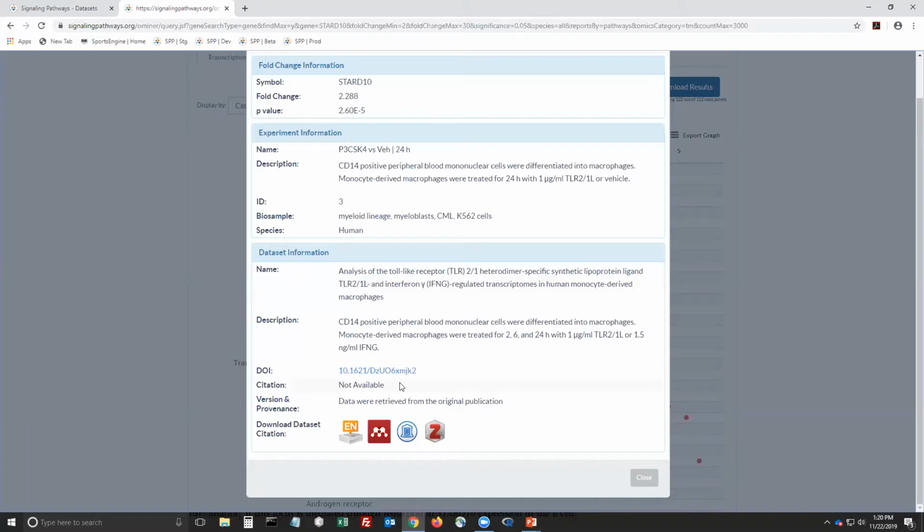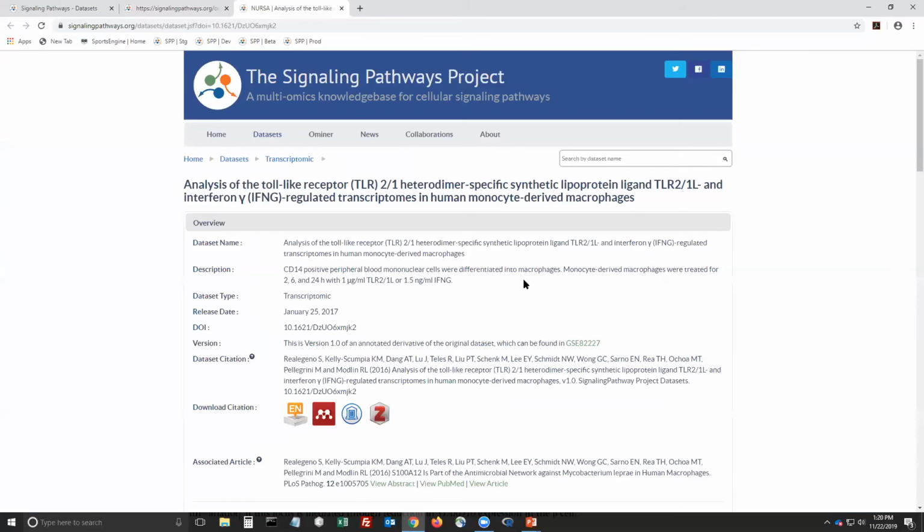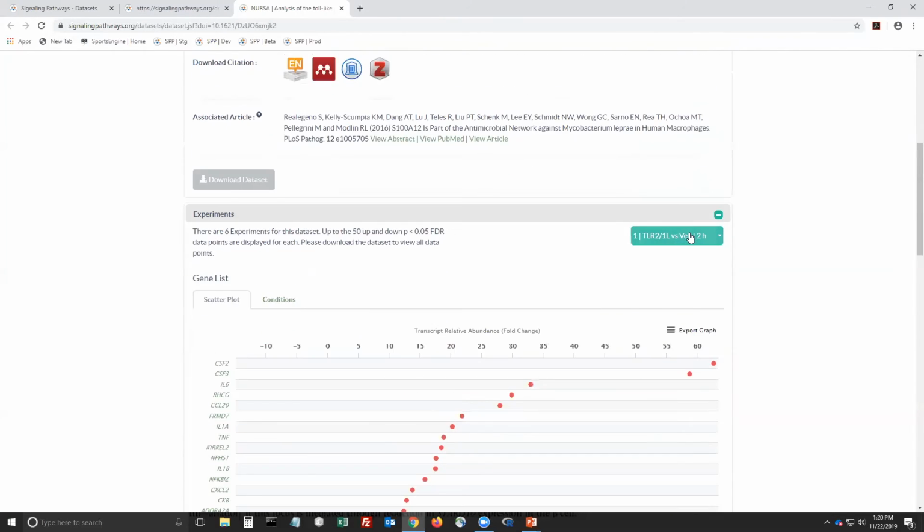Also, if you want to go directly and look at that data set to see what other experiments were done, we now have a hyperlinked DOI that, if you click it, takes you directly to the data set page and all of the various experiments that were done in that data set. The one we were looking at happened to be experiment 2.